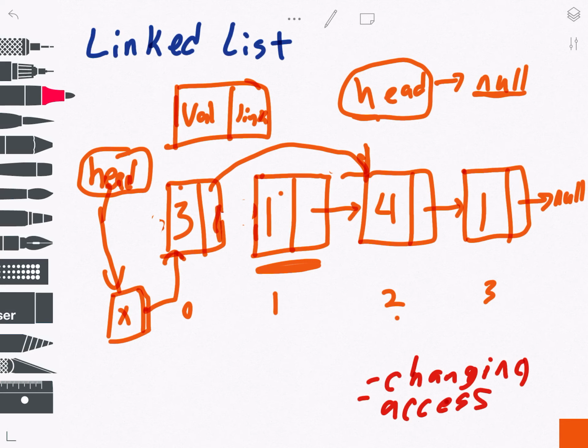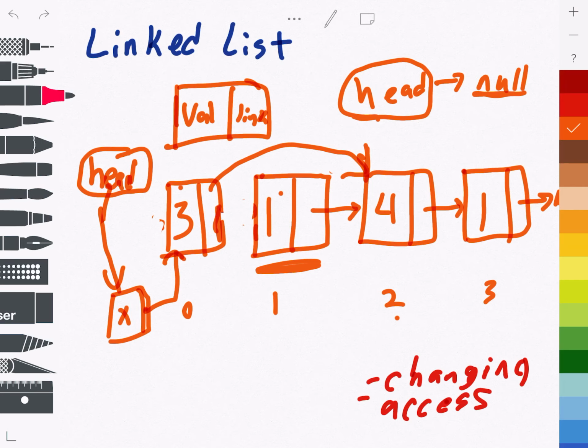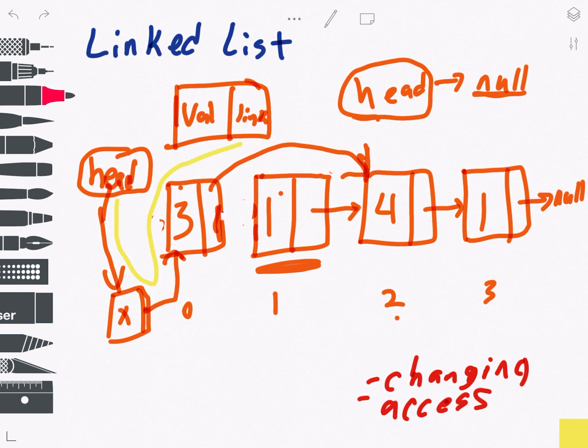And now guess what? Nothing's pointing at 1 anymore, is it? Nothing's pointing there anymore, which means we can't get to it anymore. It's gone. Garbage collection will come and clean it up, and now we have a new list. This is now our new list. We don't have this 1 in there anymore.